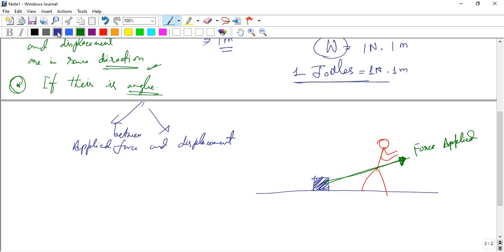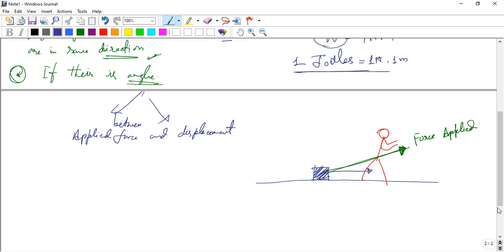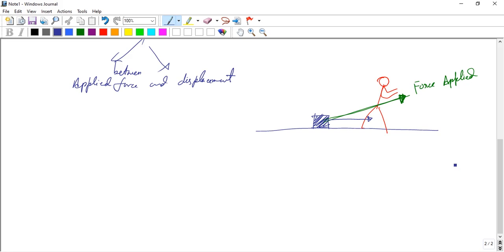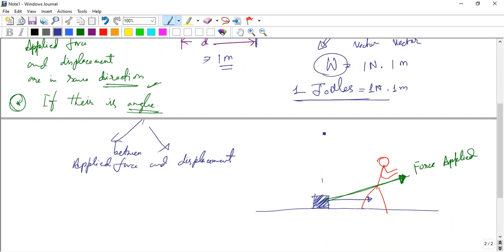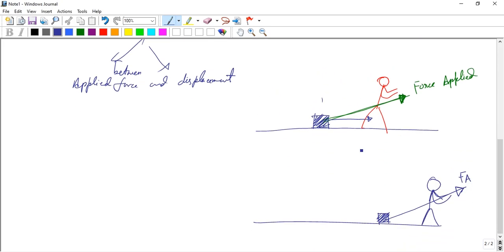The body is displaced. Elaborating the diagram, the object is now displaced here, and the person applies the force in that direction.